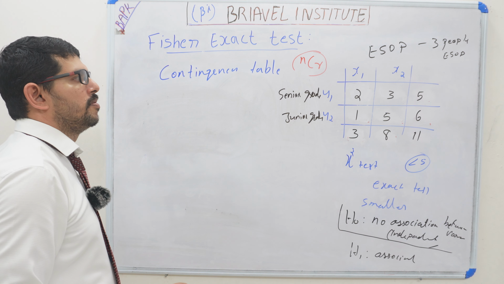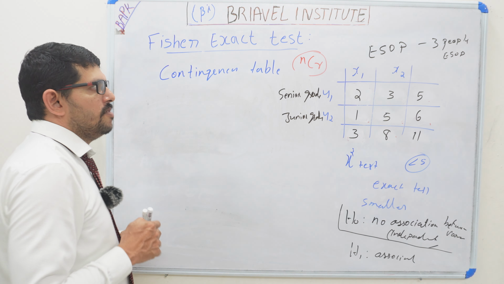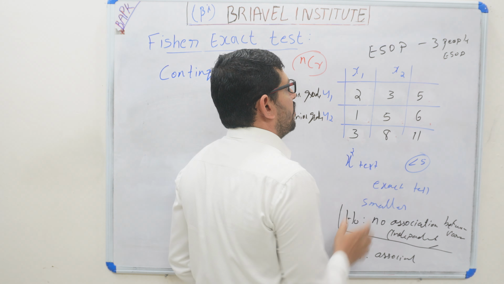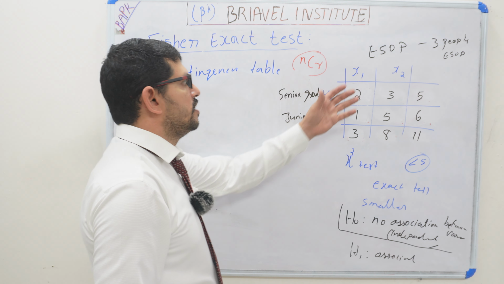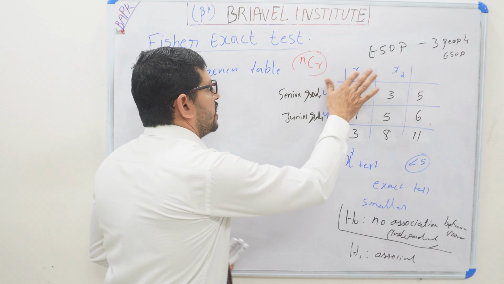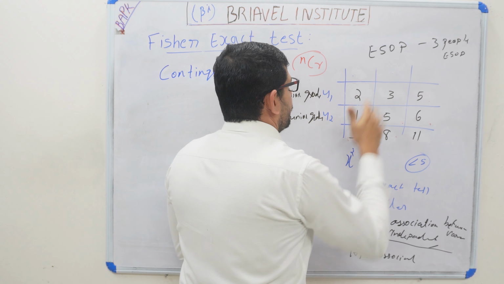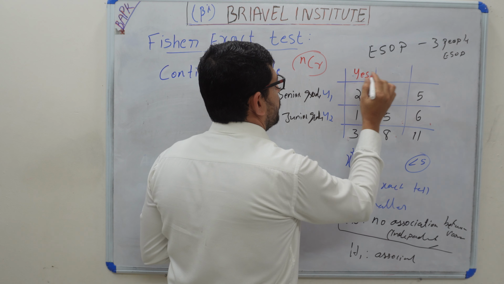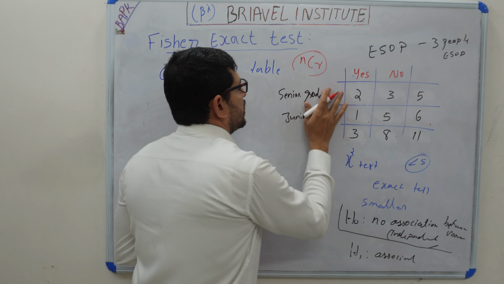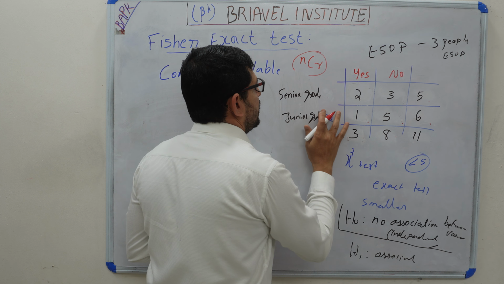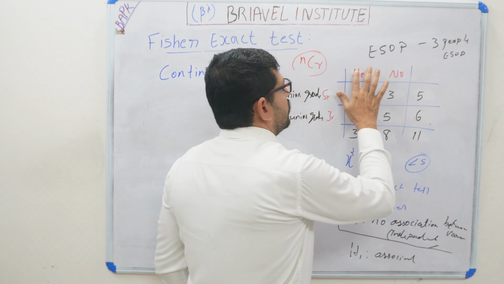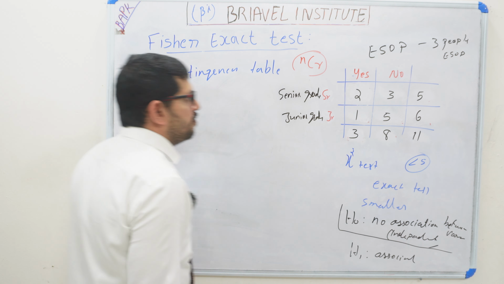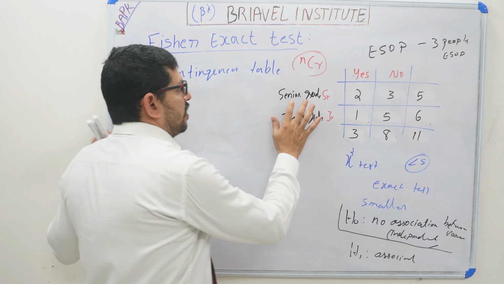Now we need to find the probability of the observed data. In the observed data, ESOP option received is yes or no, and the grades are senior, SR, and junior, JR. The ESOP option is given to 3 people, and out of those 3, 2 senior people and 1 junior person got the ESOP option.